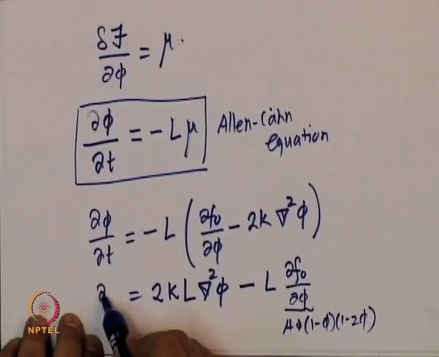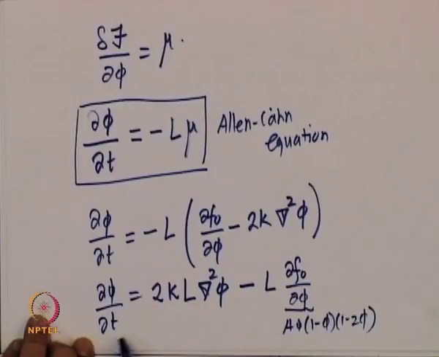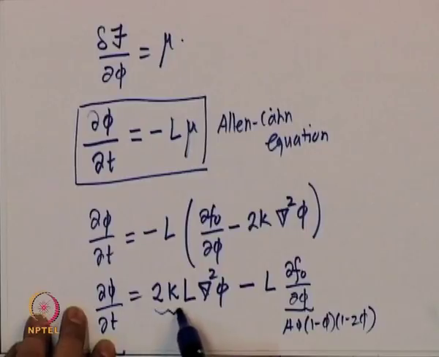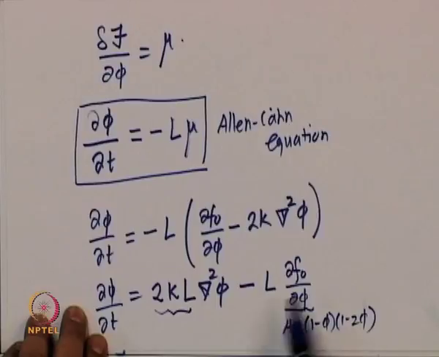If you look at this equation, this also looks like a diffusion equation. If you identify this constant as a diffusivity, then dou phi by dou t equals some constant times del squared phi is the diffusion equation, but you have a term which is like a source term.